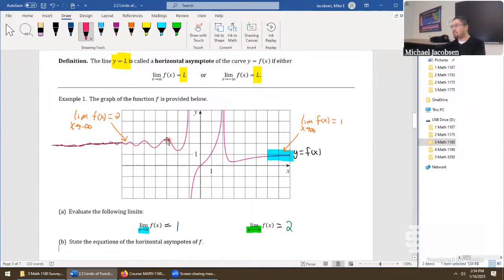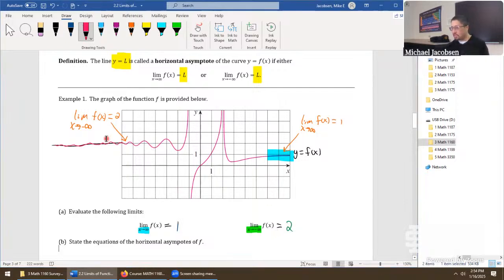Starts with a big oscillation here, but the heights get smaller and smaller. It looks like it's compressing down towards this line, y equals 2. And that's what gives us this valuable limit here, 2 for negative infinity. But does that help to visualize it in that sense?